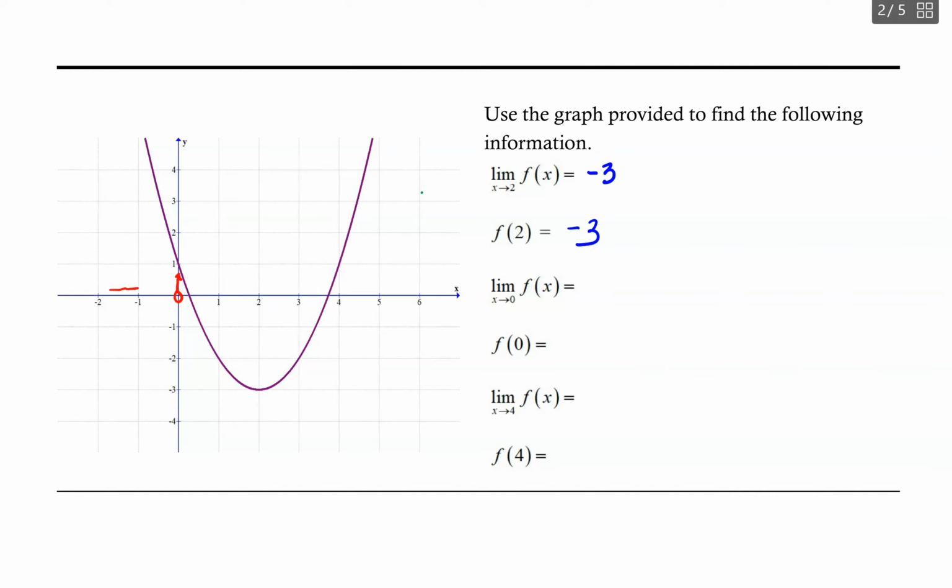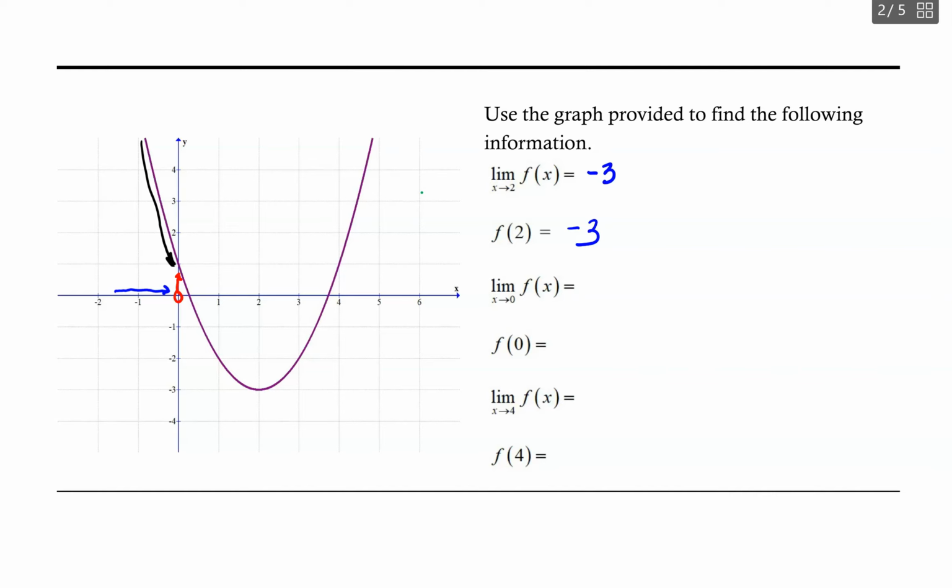So from the left, we consider x values negative, increasing towards 0. And we want to examine what happens to the function as those x values increase towards 0. And it appears that those function values are approaching 1.